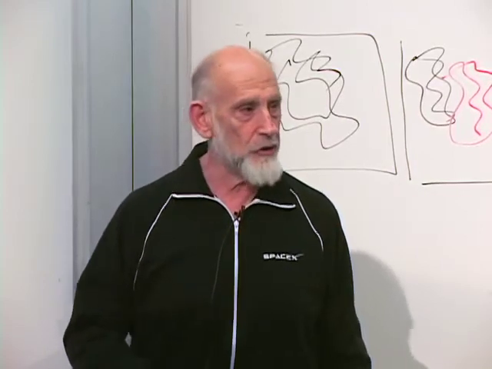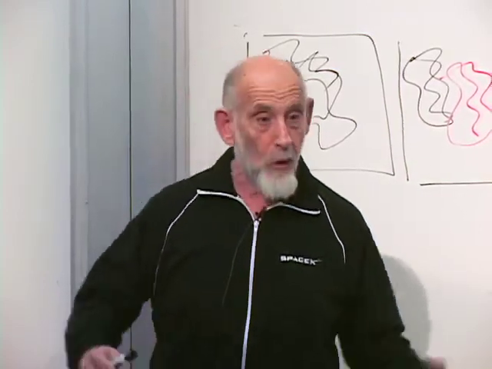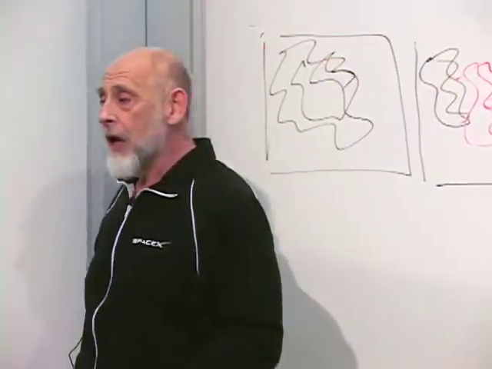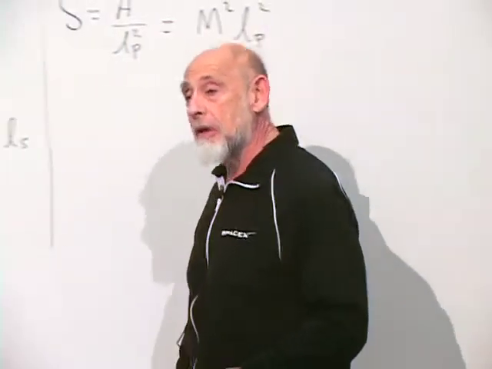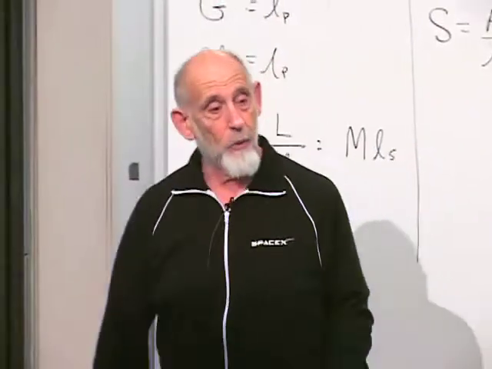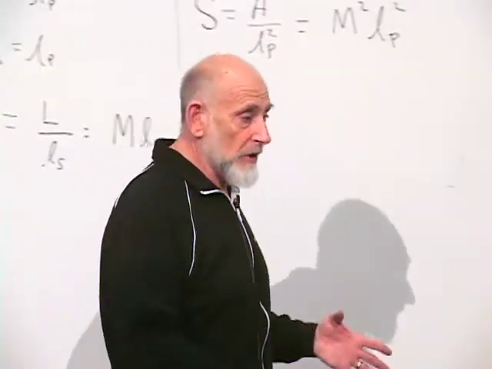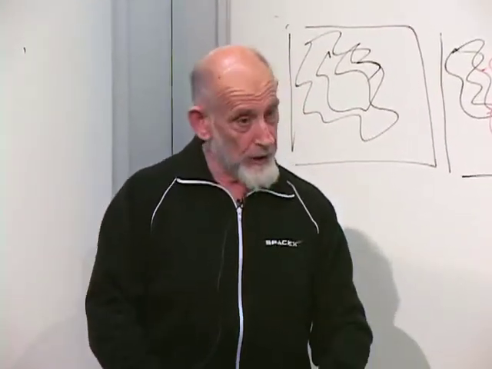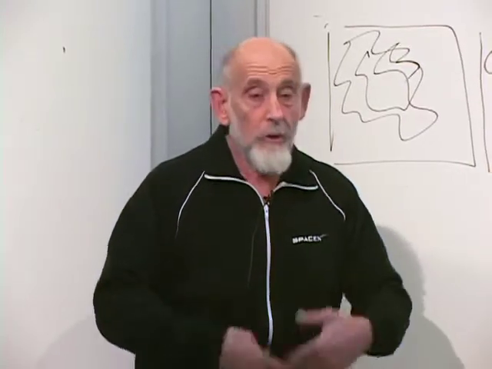It changes the relationship between entropy and energy because it changes the energy of the star. In fact, the energy of the star is less than it would be if it wasn't for gravity. It's less because the forces pulling it together are attractive, and pulling it together lowers the energy. So you have to account for that.